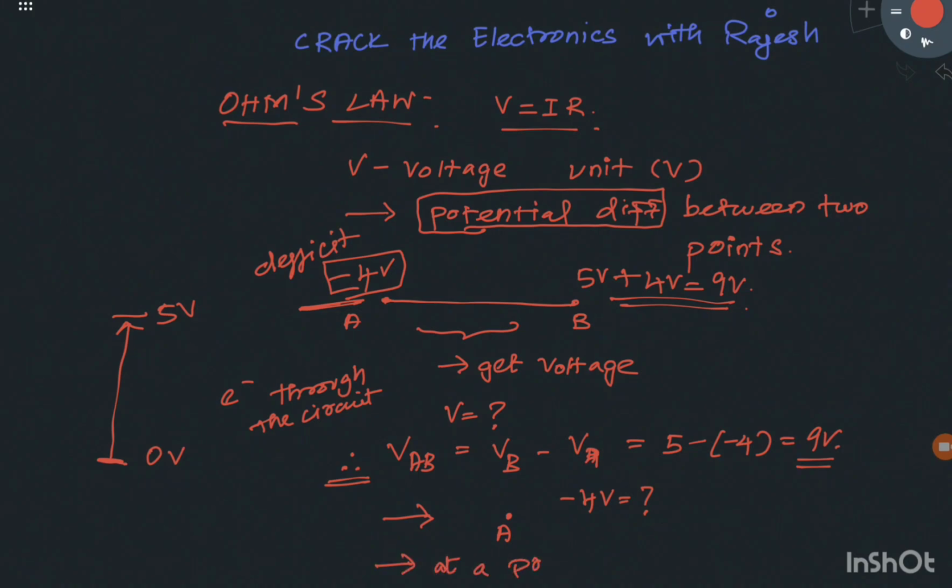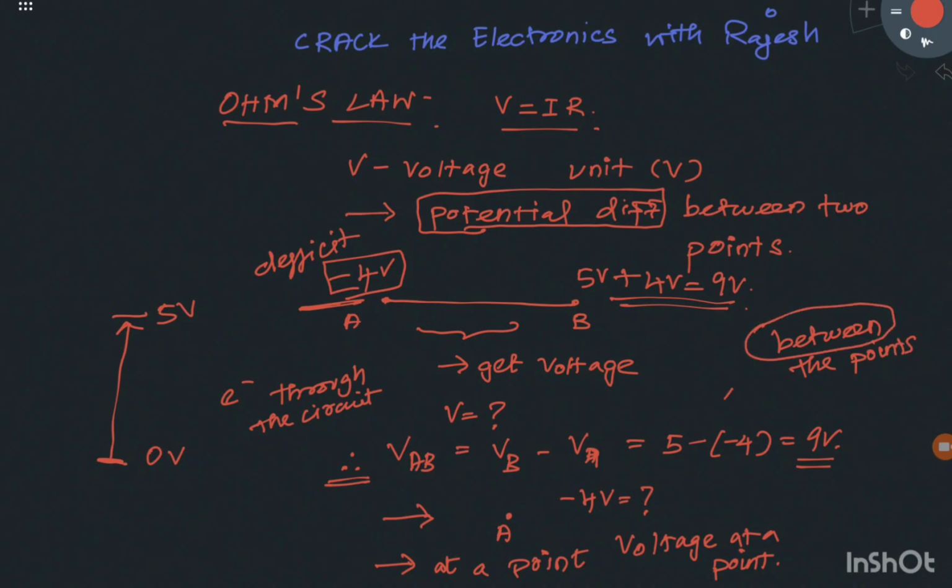If anyone asks you what the voltage at a point is, there is no voltage at a point. Voltage is always between points, not at a single point.